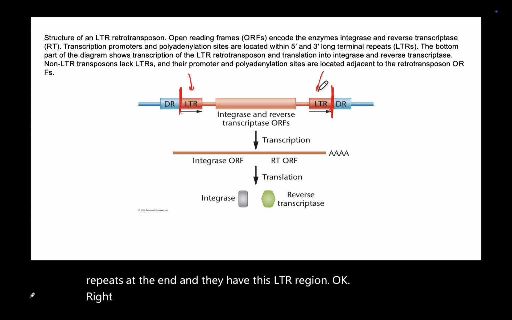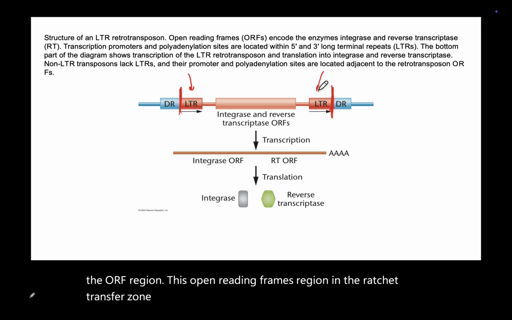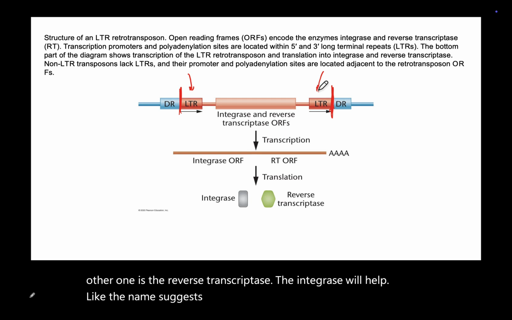In the middle, you also have the ORF region. But here, the ORF region, this open reading frames region in the retrotransposon, will code for two enzymes. One is the integrase and the other one is the reverse transcriptase. The integrase will help, like the name suggests, integrating that transposon into the DNA.